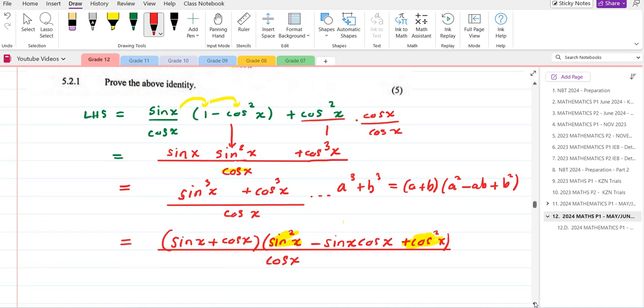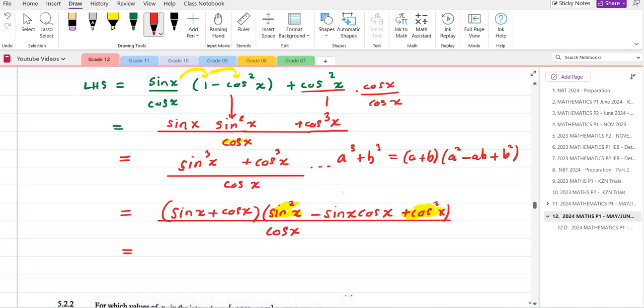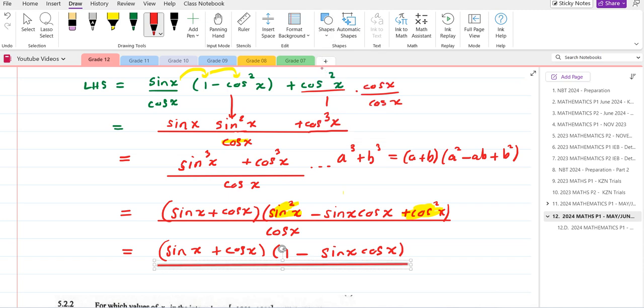Now let's solve the next part. So we got sine x plus cos x into sine squared plus cos squared, which is 1, minus sine x cos x all over cos x. So I hope you guys understood that. A very nice problem. After a long time I'm seeing this, right?